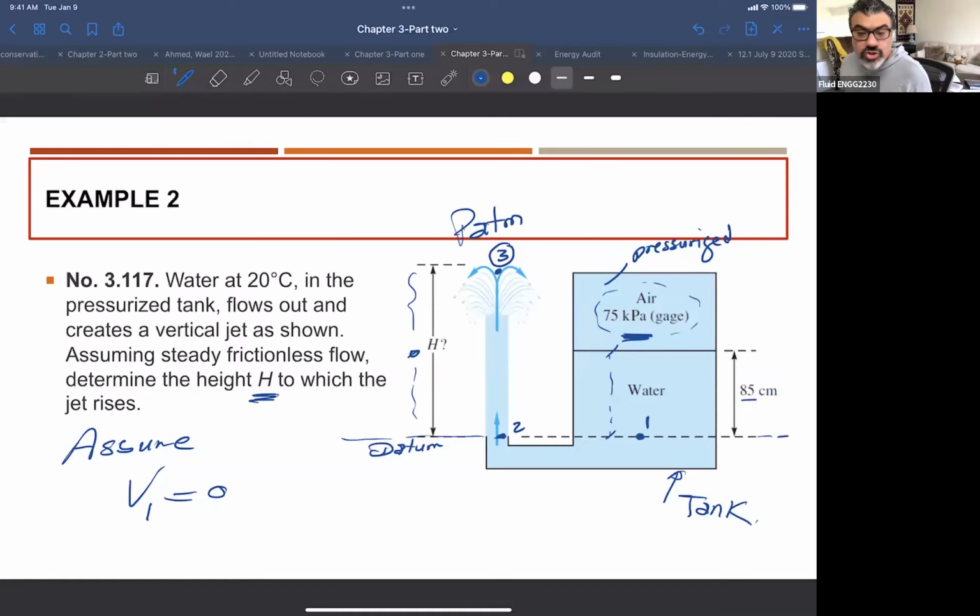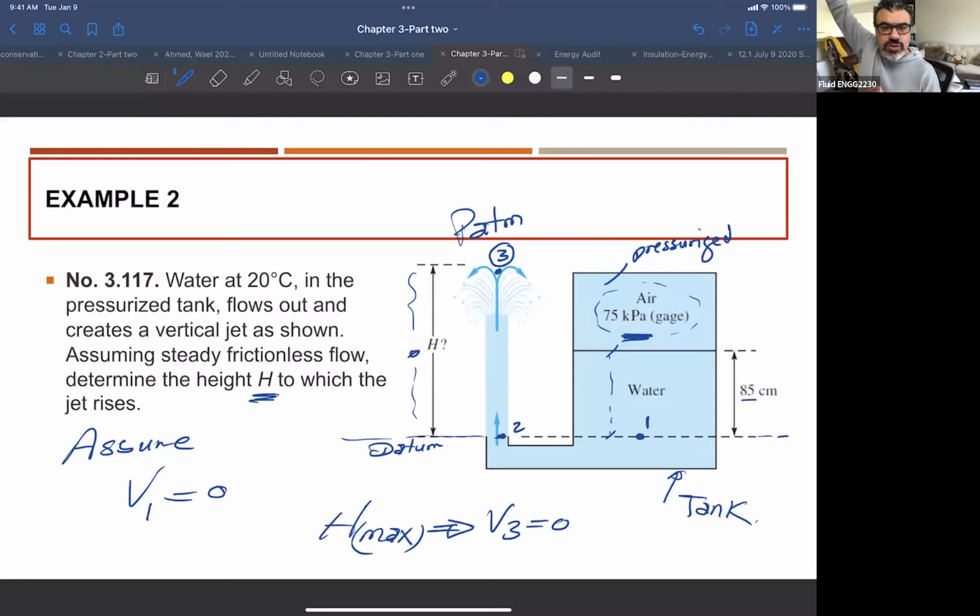Z is H. And the velocity at point 3? Anyone? V at point 3 is 0. Why? Because this is the maximum H. So H here is maximum, that means V3 is 0. This is the highest point.